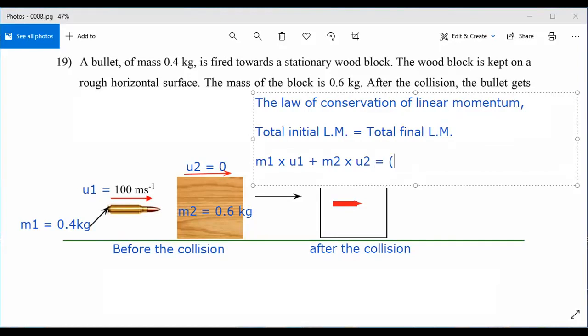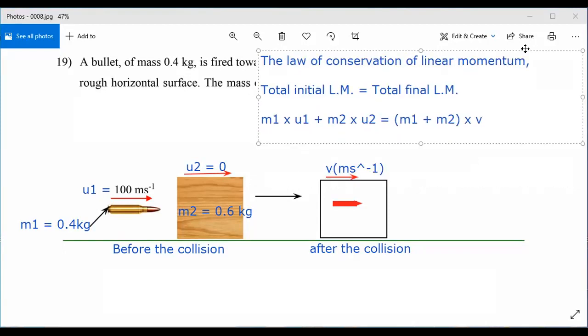After the collision, they are combined together. The total mass of the objects after the collision is m1 plus m2. The velocity of the combination after the collision is v. Can you do the rest of the simplification and find the value of v here? Start.